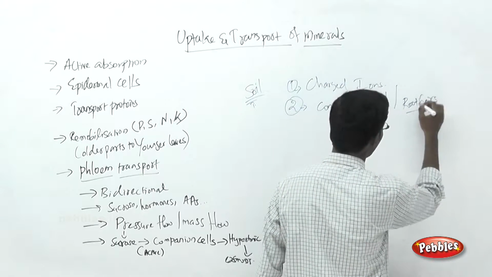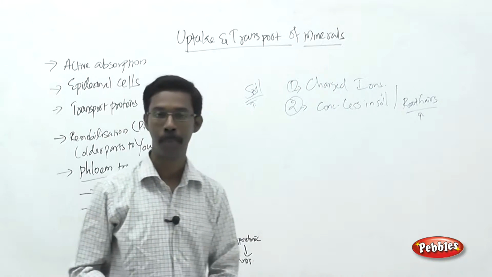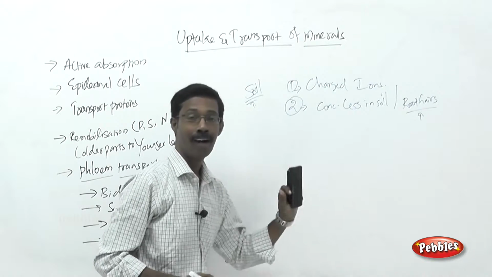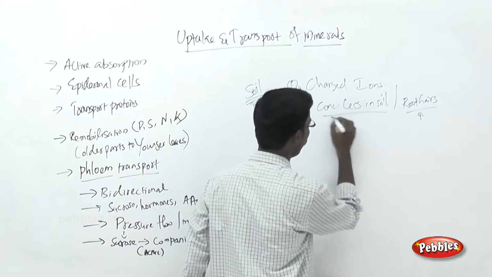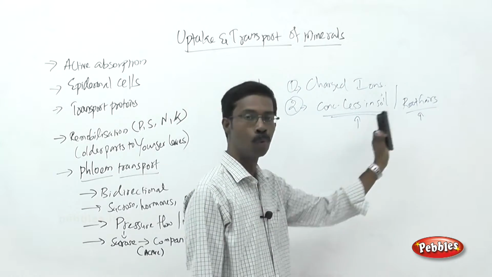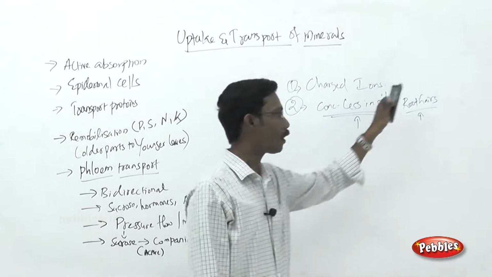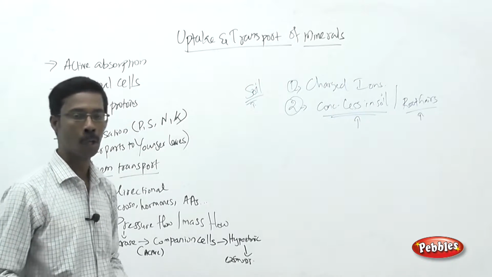So it will not create the gradient you require to transport by simple diffusion. As I told you, simple diffusion happens only from higher concentration to lower concentration. The concentration is less in soil, and you have to move the ions or minerals from lower concentration to higher concentration, that is, within the cells of the root hairs.